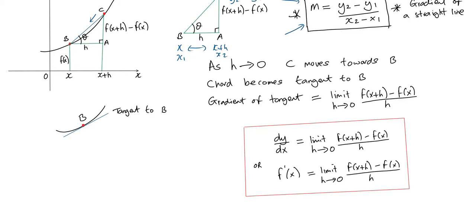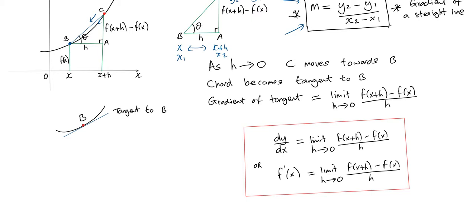It's going to move down the curve towards B, and so it'll just become the one point, the point B, and BC won't be a chord anymore, it'll be a tangent to B. It will be the gradient of the tangent at B. That's what we're after, you see.